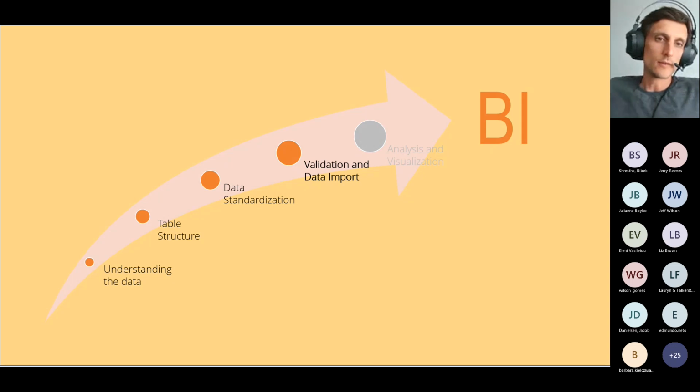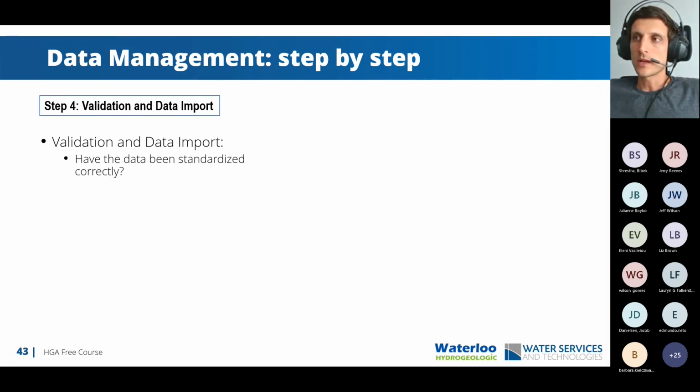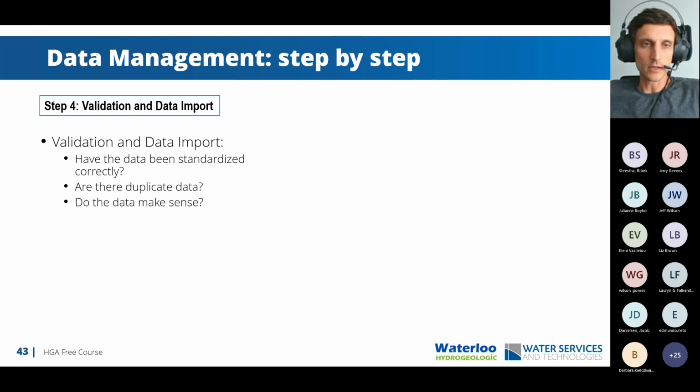Now, after we finish the standards definition, we can start validating and importing data in our database. So it's a very important step also. We need to be sure that all the data have been standardized correctly as we defined in step 3. And we also need to make sure that we don't have duplicate data in the data that we are going to import in the database.